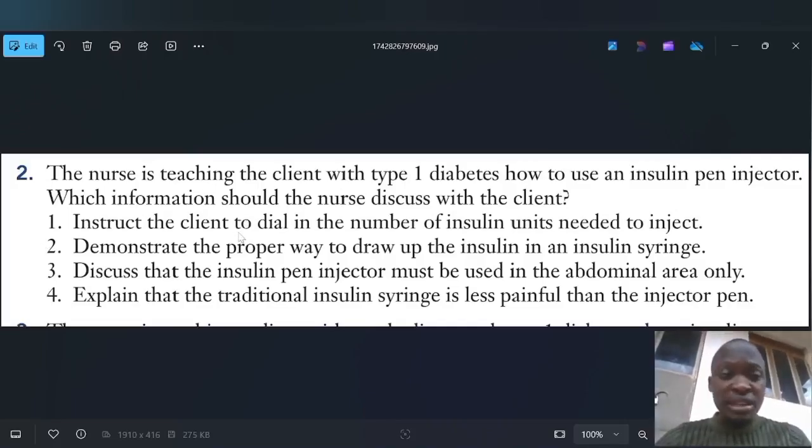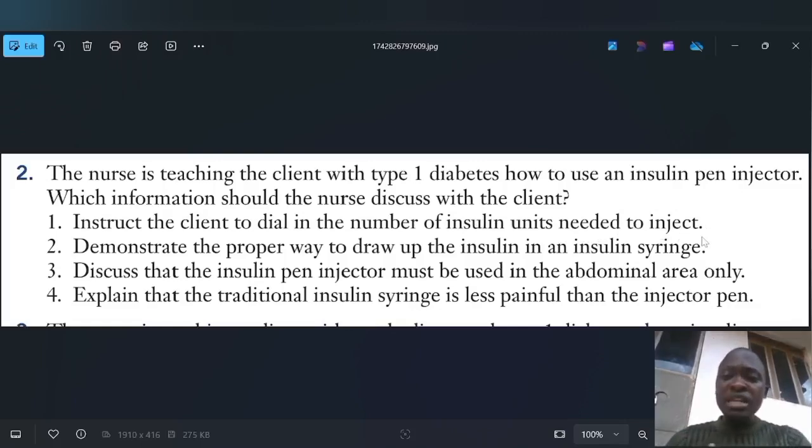All right, whenever you think that I'm going too fast, kindly pause so that you can get the true meaning of the question and the options. Looking through, number 1 was the answer. First, look at the question. The question is how to use the insulin pen injector, so your answer should be tailored to this. Instruct the client to dial in the number of insulin units needed to inject.